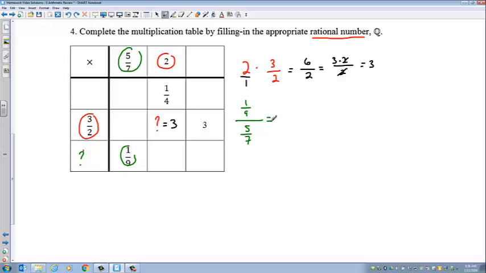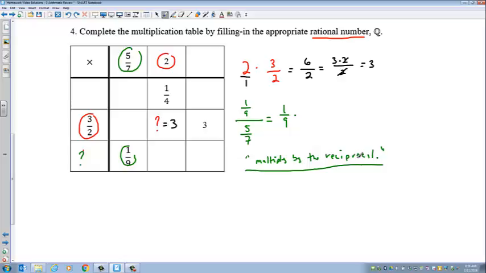So now when you divide fractions, the rule, remember, is you multiply by the reciprocal. Right, so that's the rule. And so we'll multiply by the reciprocal of 5/7. So you have 1/9 times the reciprocal of 5/7.